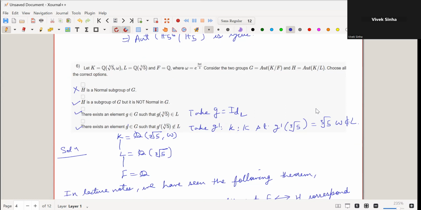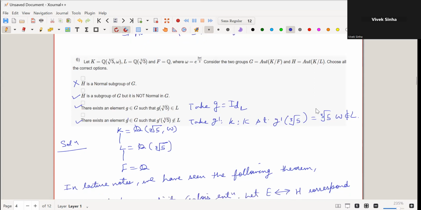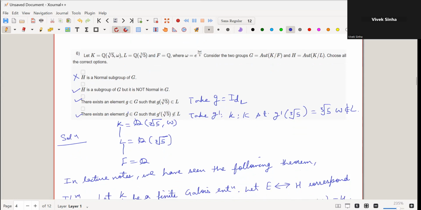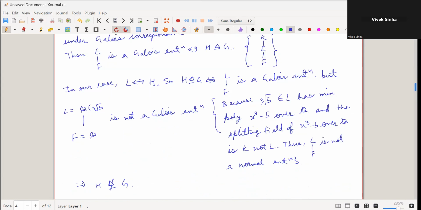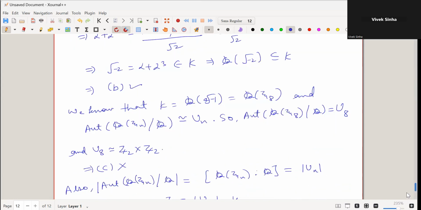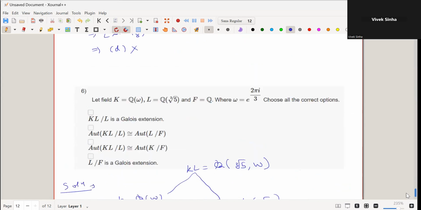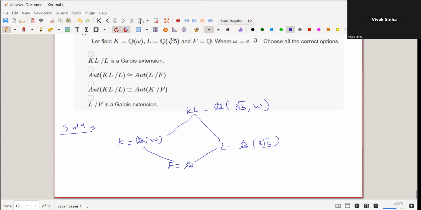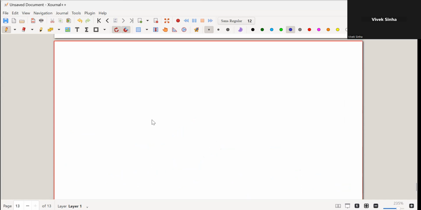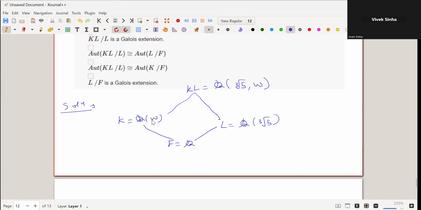Yeah. This is similar to question number 6. The same thing is there. But there the options are different. Okay, so here we are supposed to check whether it's a Galois extension or what is the automorphism group.